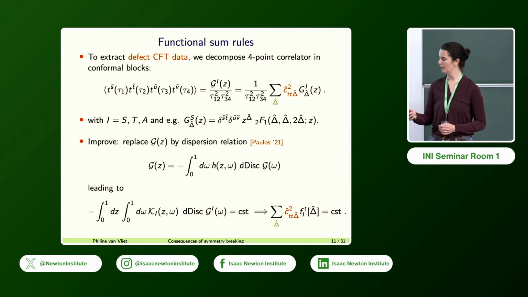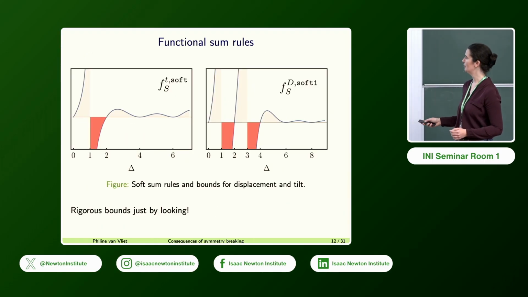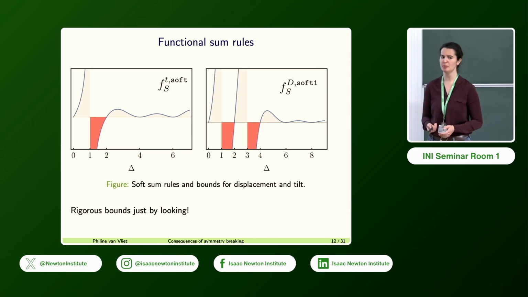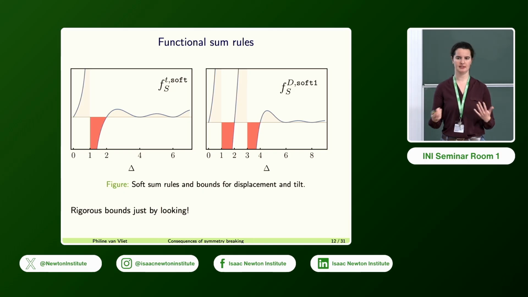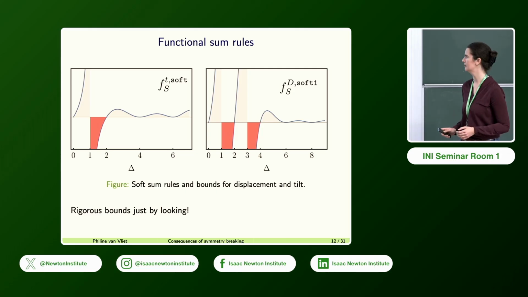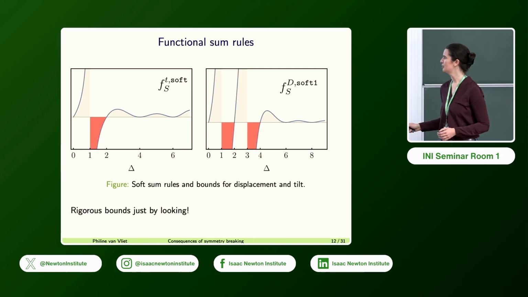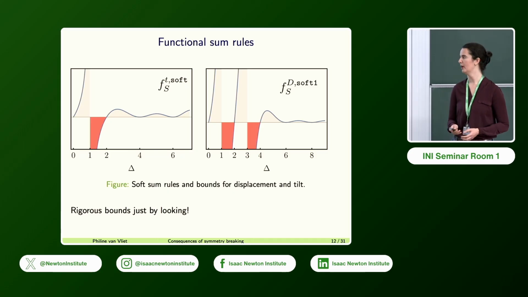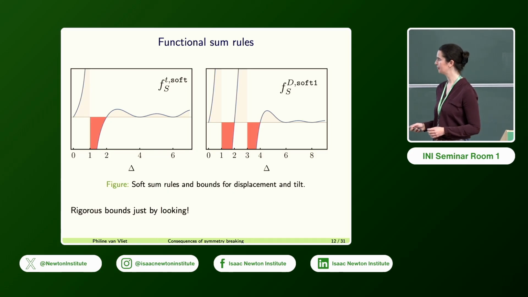So we have a sum of positive coefficients that multiply a functional that is positive everywhere, except in these red regions. This means that if you want something non-trivial, you need at least a contribution coming from this red region. Otherwise, you can never satisfy this sum rule. So there has to be some operator with dimension between 1 and 2 in the OPE of the two tilts, and this operator can either be a singlet or a traceless symmetric of the ON-1 symmetry.